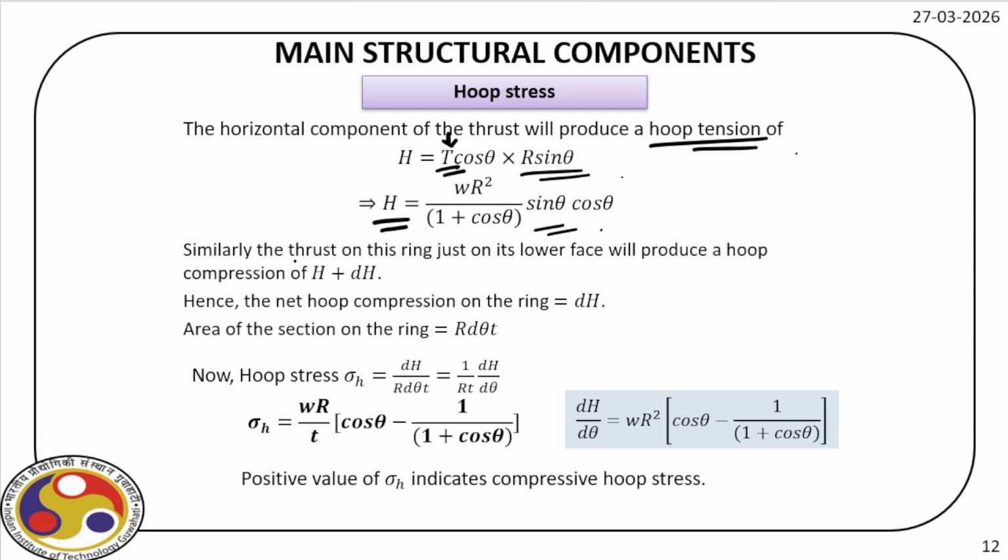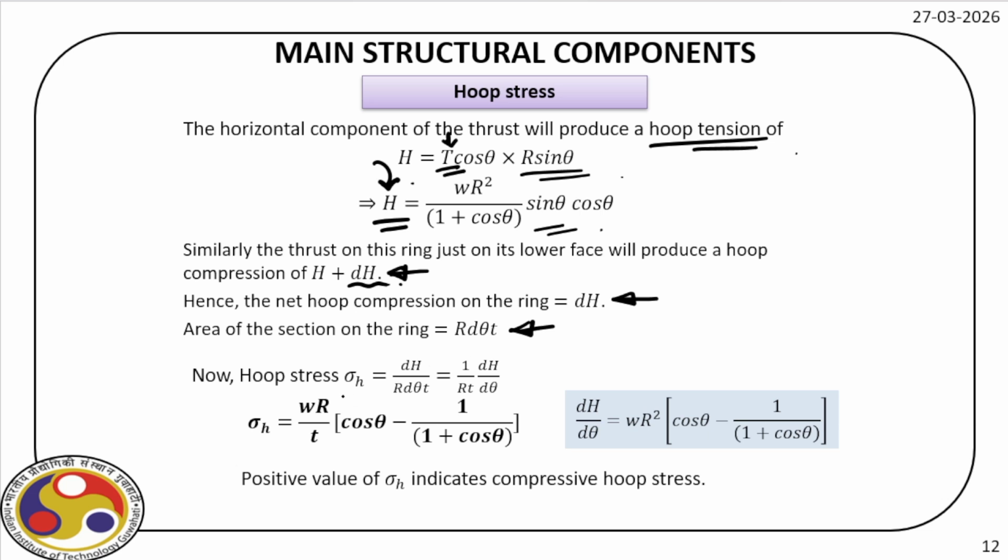Now, similarly, the thrust on this ring just on its lower face will produce a hoop which is having a differential increment over the hoop force capital H. So the net hoop force is basically this differential increment, and area of the section on the ring is basically r d theta times t.